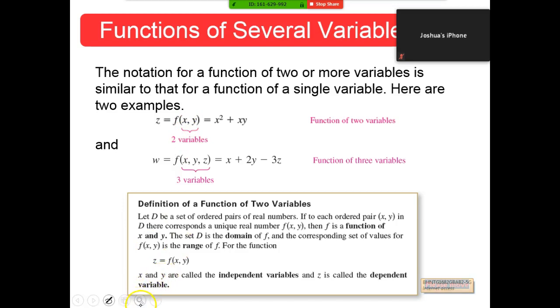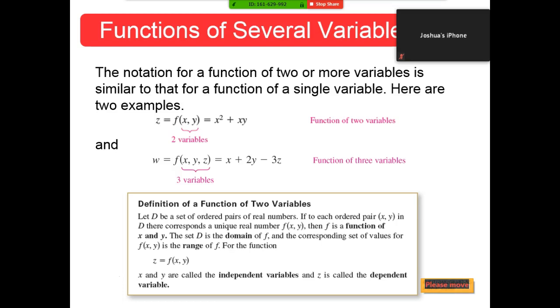We're used to just seeing a single variable there. Now we've got two variables, x squared plus xy. They don't depend on each other, independent. Or, even more so, w is a function f of x, y, and z, three completely independent variables. x plus 2y minus 3z, a function of three variables.